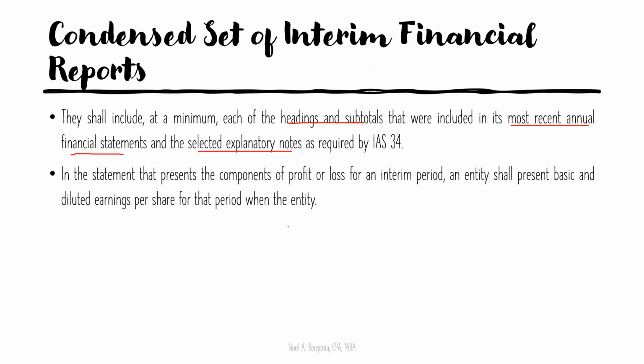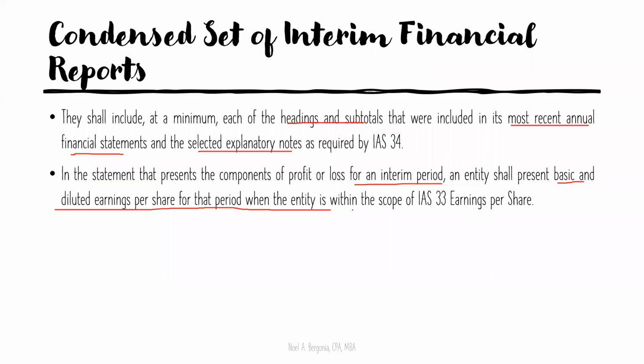Now, in the statement that presents the components of profit or loss for the interim period, an entity shall present basic and diluted earnings per share for the period when the entity, wait lang, let me check. Ayan. So going back, when the entity is within the scope of IAS number 33, earnings per share.